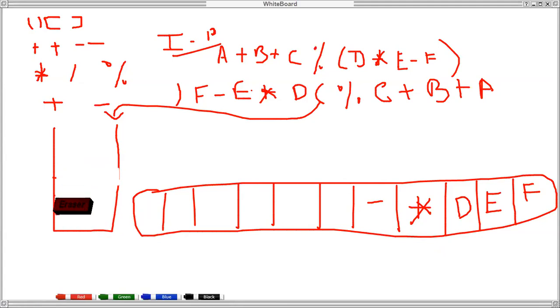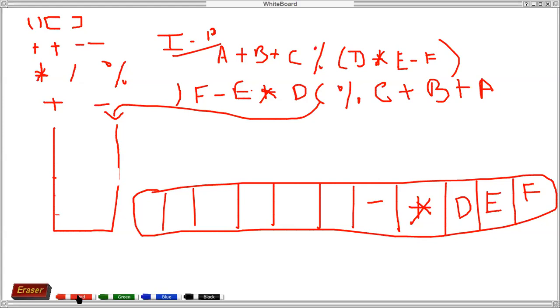So whenever an opening bracket and a closing bracket meet, all the operators present in the stack will come out.